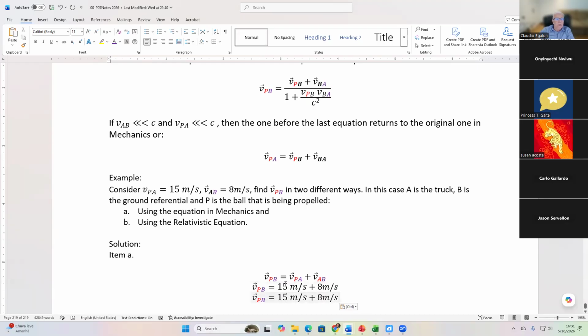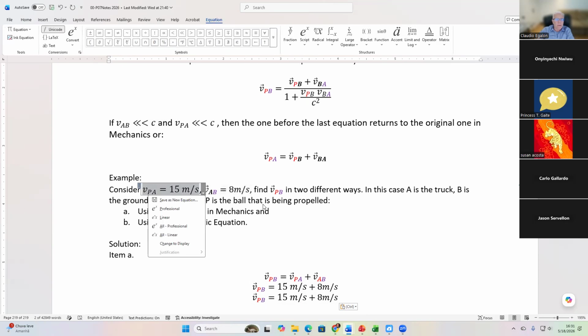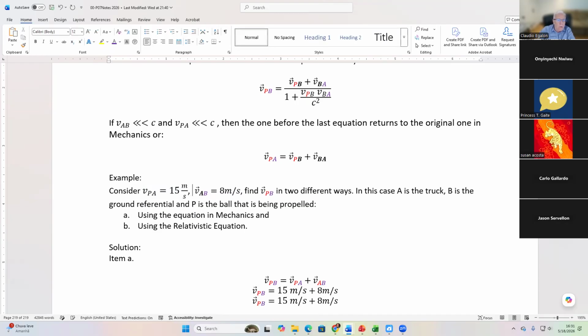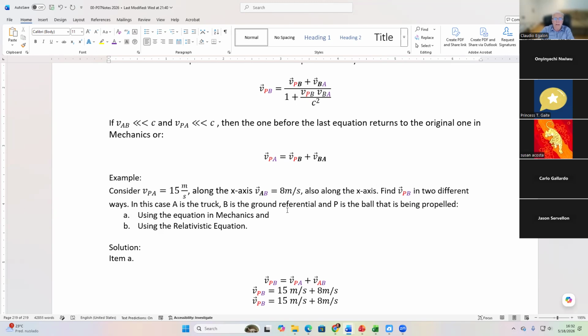And by the way, consider VPA along the x-axis, and VAB also along the x-axis. Find VPB in two different ways.